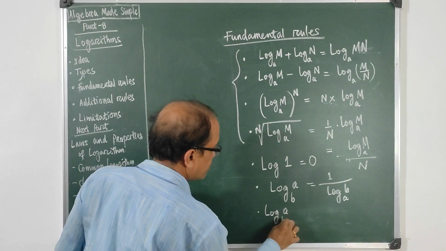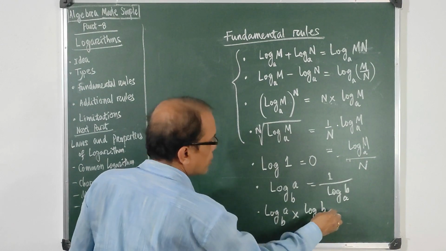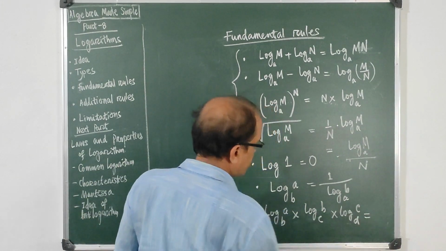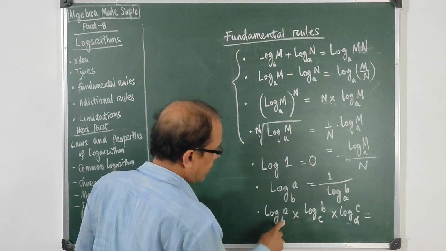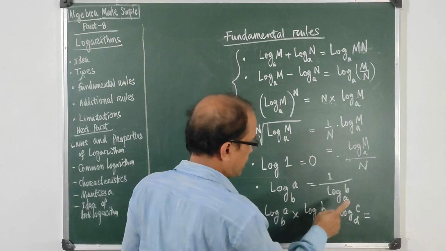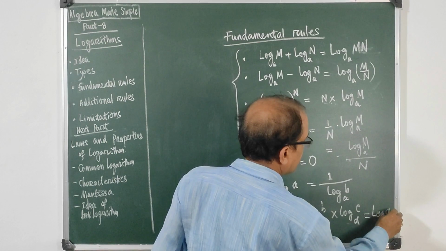The other rule is log a to the base b into log b to the base c into log c to the base d. The common factors cancel, b down, b up, c down, c up, they are cancelled. You finally get log a to the base d.